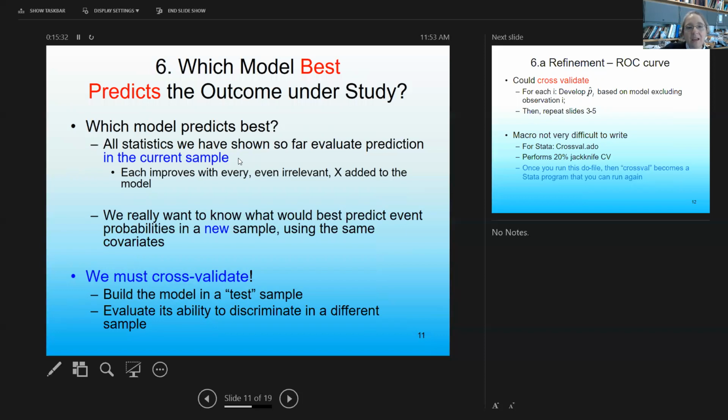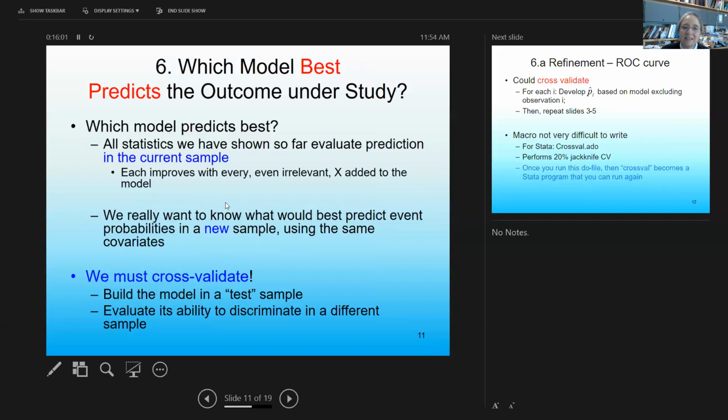And when I take that rule and try to apply it to other people, it may include information that was very specific to my 32 and won't perform very well on people who have different characteristics. So what we really want to know is what combination of predictors does best in a new sample when I apply my rule to new people.